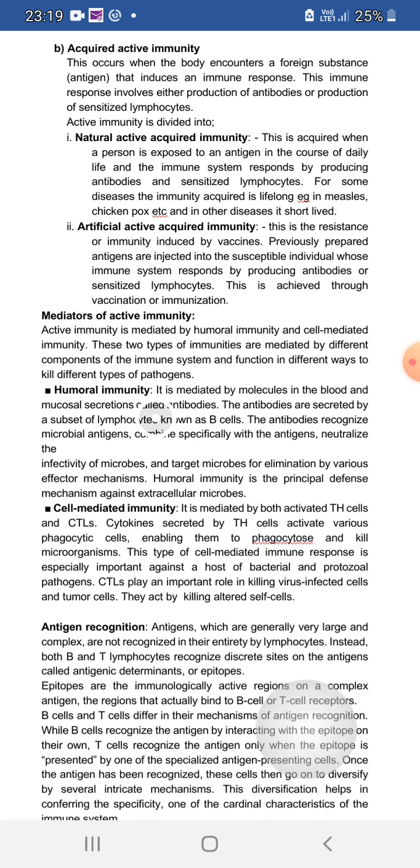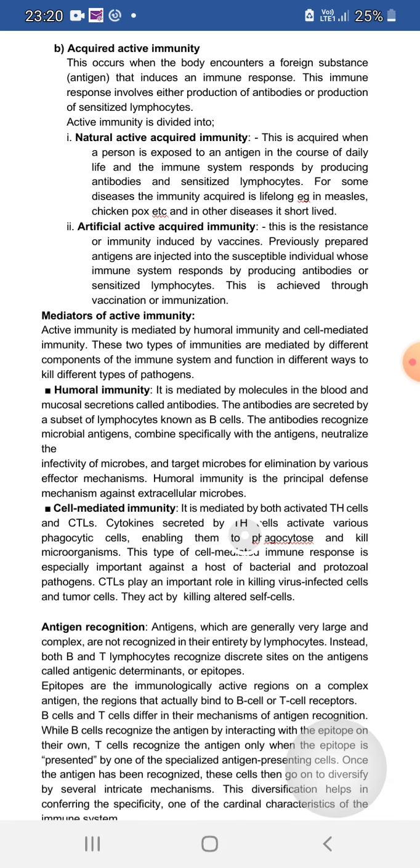So this one is substances produced by immune cells, and cell-mediated immunity is immunity carried out by the immune cells themselves. So here it is mediated both by T helper cells and T cytotoxic cells, or cytotoxic T cells. T helper cells produce cytokines. We learned about cytokines. They are a group of compounds which help in regulating immunity.